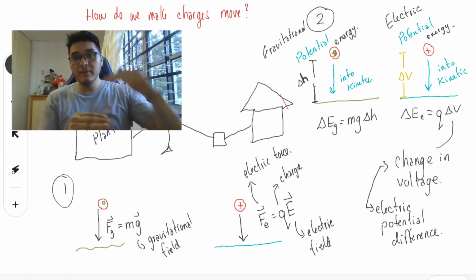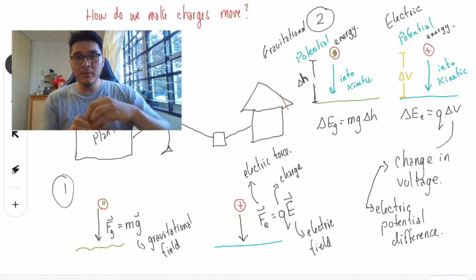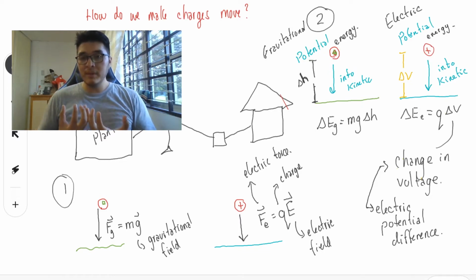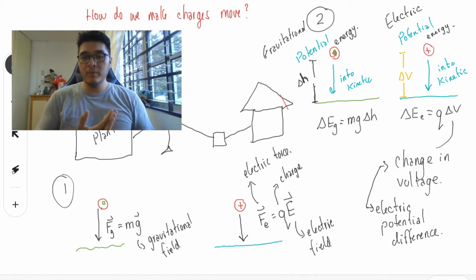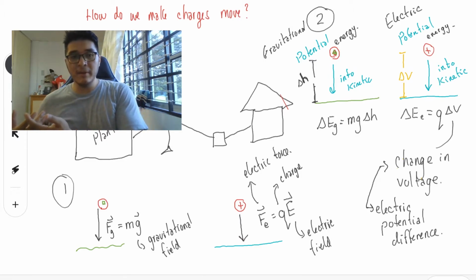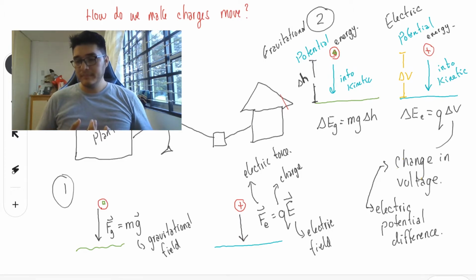Speeding up. Yeah, so it's likewise, like when you're falling, you speed up. But now imagine trying to be a charge and go in the other direction. You will be slowing down. So the same idea.